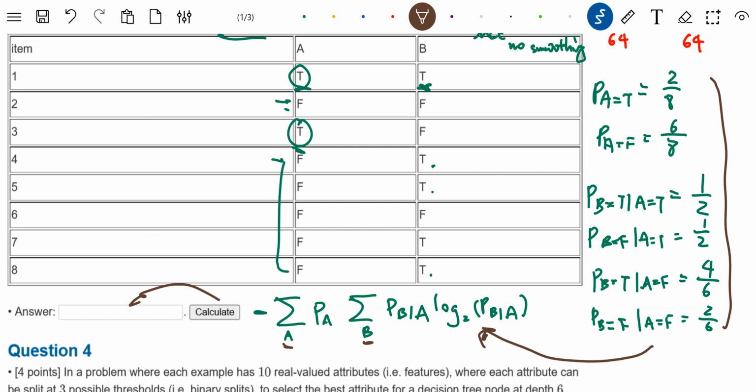Also remember this is log base 2, so you can do log base e divided by log base e of 2. Again, everything else is just substituting these numbers into this sum.